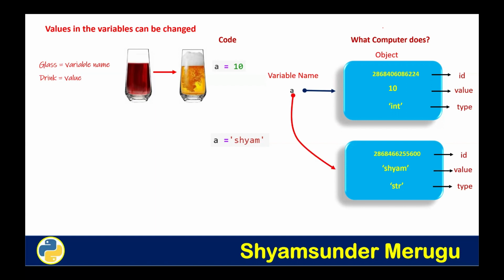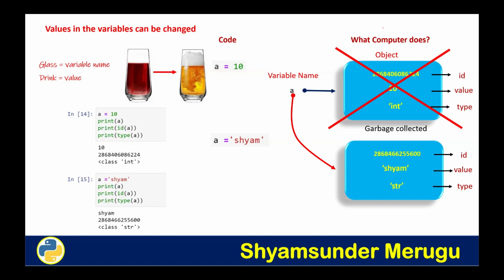Then it will be assigned to the same variable a. At this moment, the previously created object will be cleaned by Python, and technically we call that garbage collected. Now a is only assigned to the later created object, with another ID and the value, and the type of that value is string.